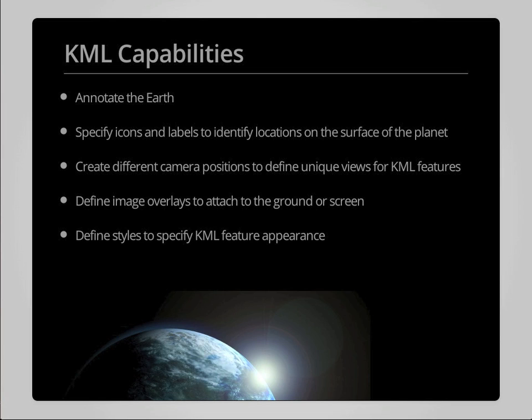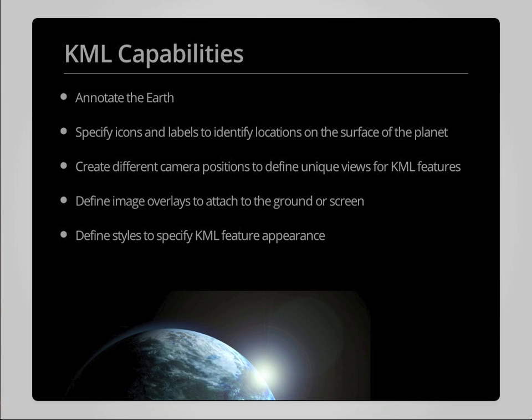So think of the difference of putting a label on a map, and as you move that map, the label moves with it, as opposed to, say, a logo for the source of the KML file that you always want to appear in the lower left-hand corner of a view window of the software application that is viewing that KML file.